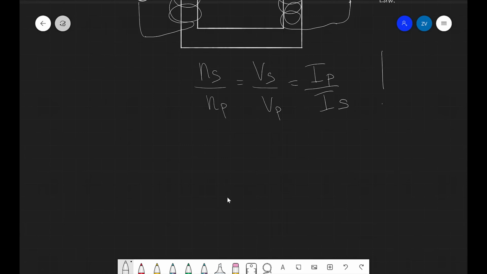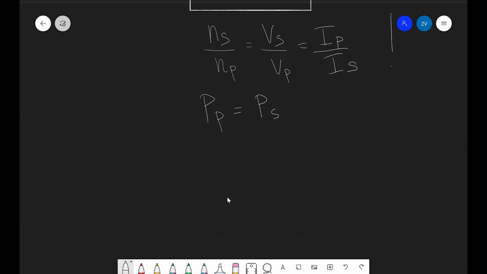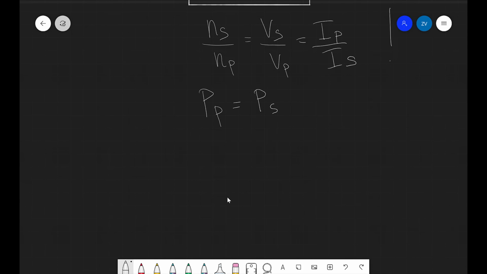Well, why is that? This is all to do with power conservation. So the power in the primary, P subscript P, will have to be equal to the power in the secondary. Because power is equal to VI, we can say that Vp multiplied by Ip will be equal to Vs multiplied by Is.